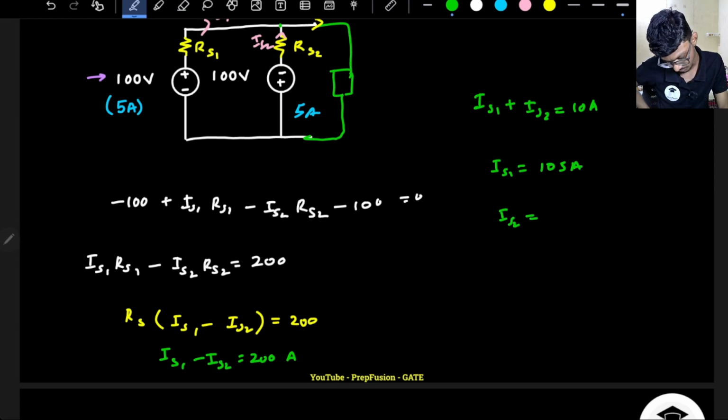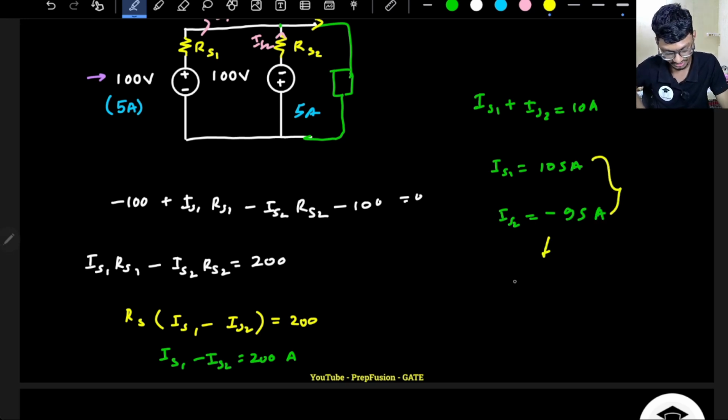If I add these two numbers, 105 plus 105 is 210, so yes, this is correct. So what will IS2 be? IS2 will be some negative number, minus 95.